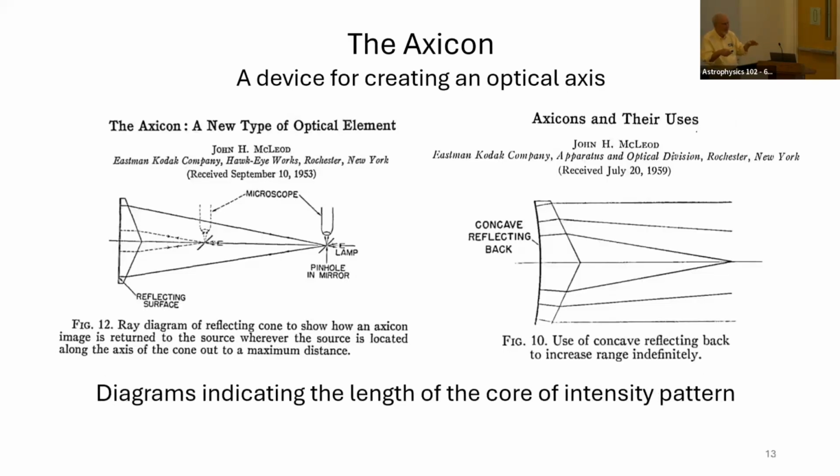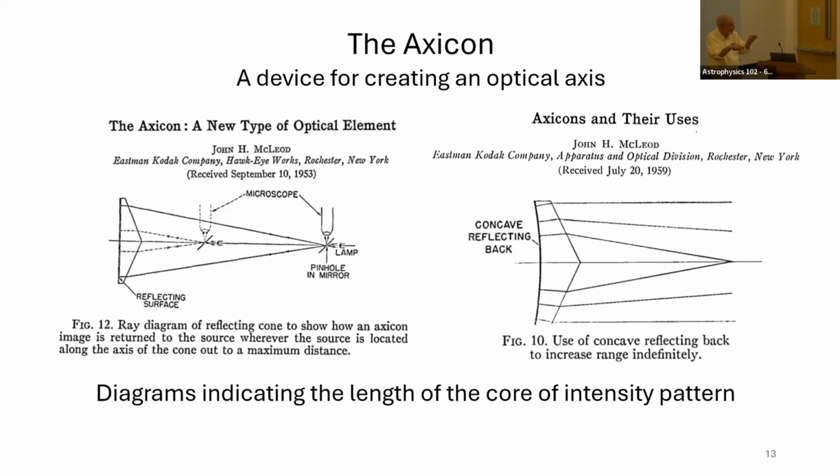About the same time, John McLeod at Kodak invented the axicon. The purpose of this picture is to show that whether you're located here and the light's reflecting back, or you're down here and the light's reflecting back, anywhere along this line you can find that axis.